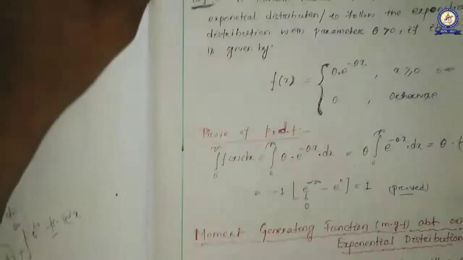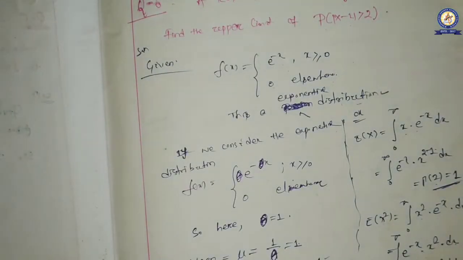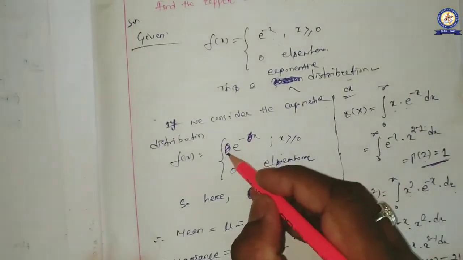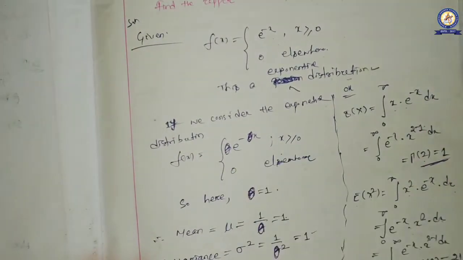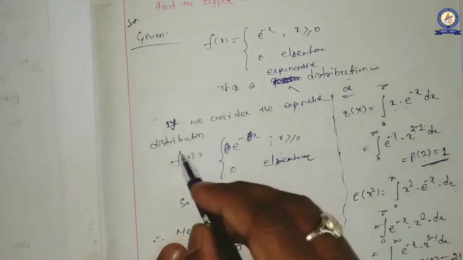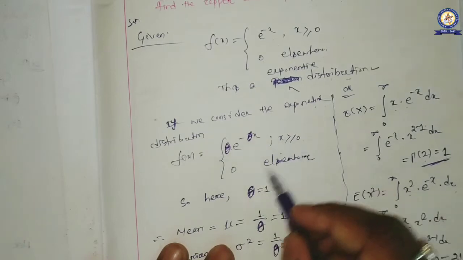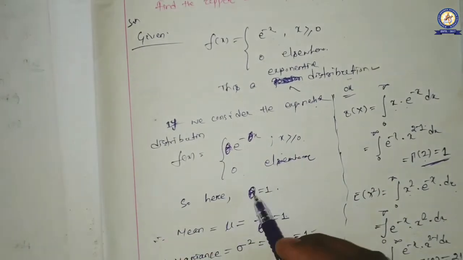So if I am going to compare this exponential distribution with the given density function, here you can see I have also written that if we consider the exponential distribution, that is theta e to the minus theta x, x greater than 0, elsewhere 0, here theta equal to 1.